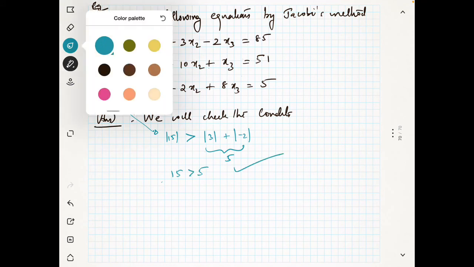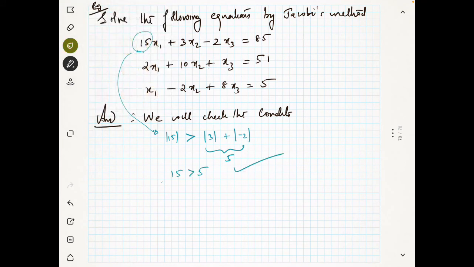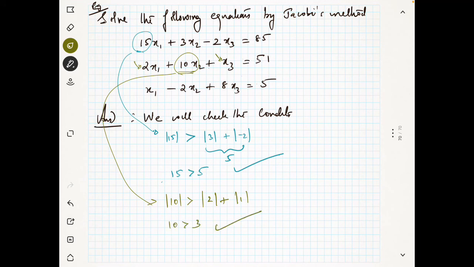Next I will check another condition, about the second equation. The magnitude of 10 is greater than the magnitude of 2 plus the magnitude of 1. So 10 is greater than 3, okay, fine. Now the next condition I will check about the third equation.